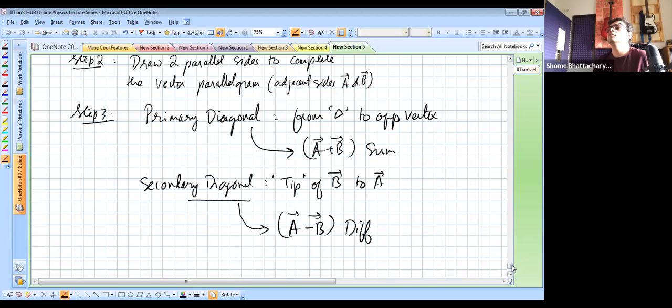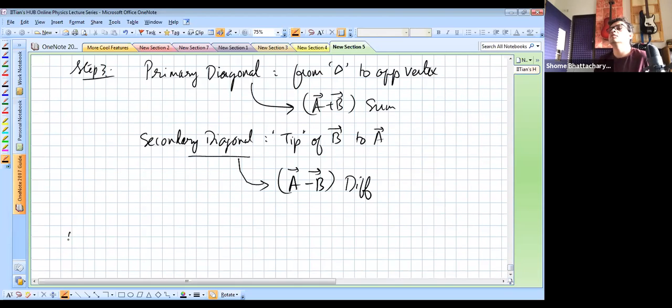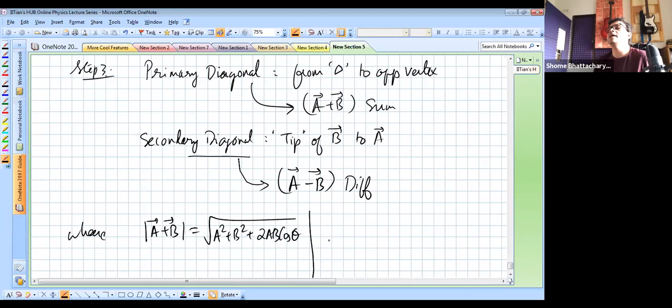Now in terms of algebraic formula, it is the same as what we've seen in your triangle law. So the magnitude of this diagonal A plus B is just given by that same formula, root of A square plus B square plus 2AB cos theta. So as I said, it's nothing different. It's just that we have combined the two triangles.